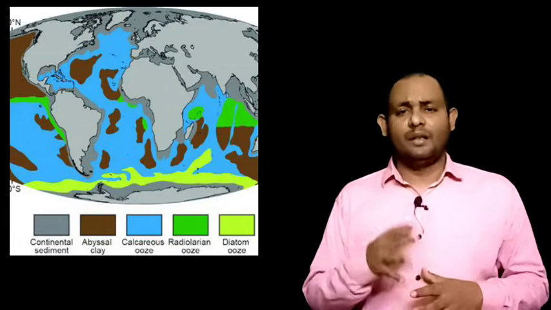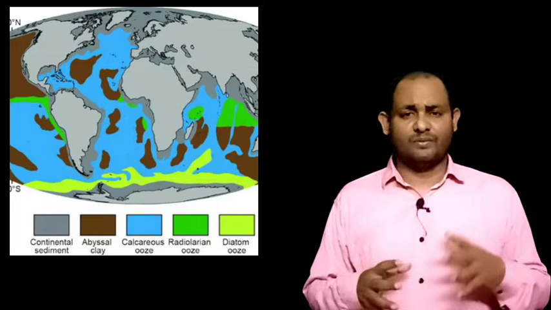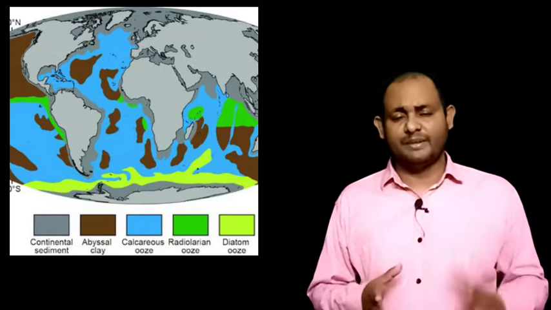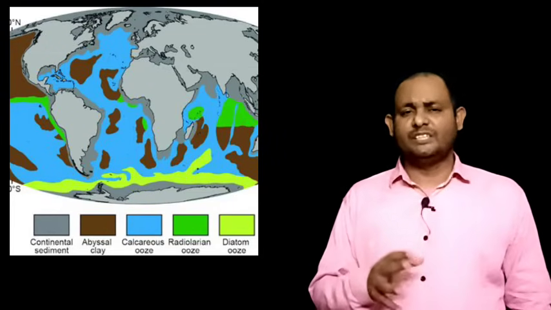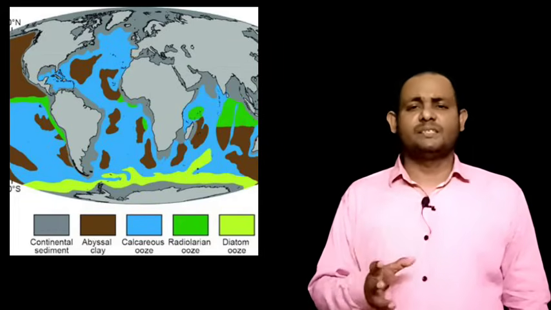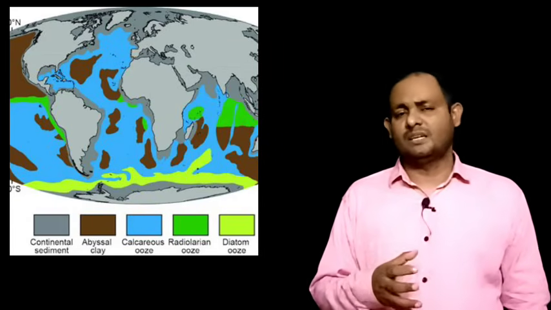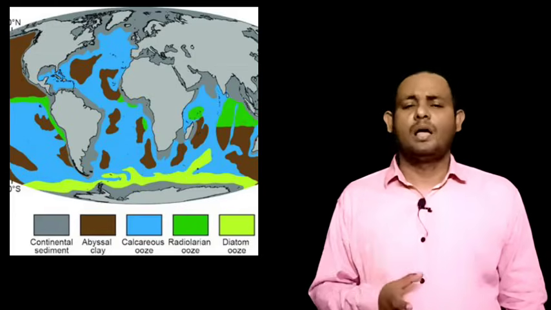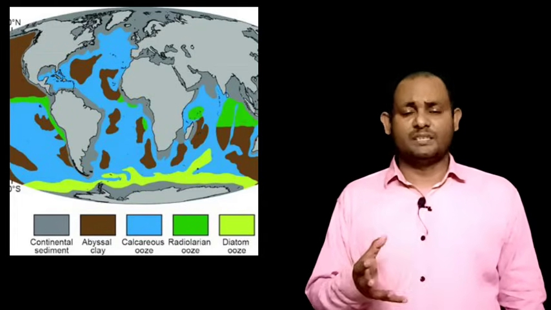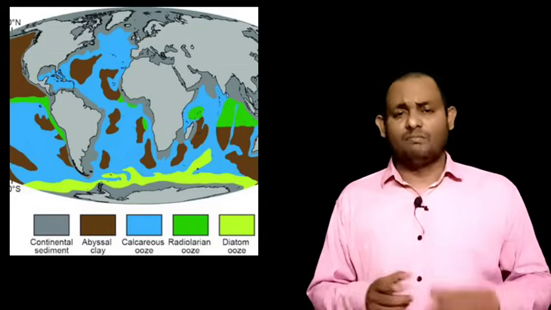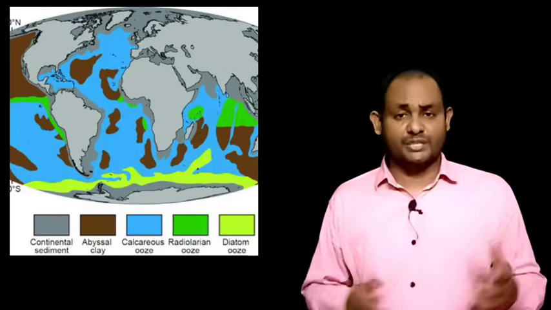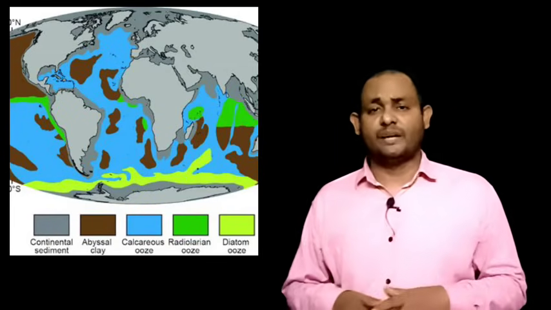This is the last source type of classification, cosmogenous sediments. Basically, cosmogenous sediments are extraterrestrial materials which are produced due to the collision of meteors in space.